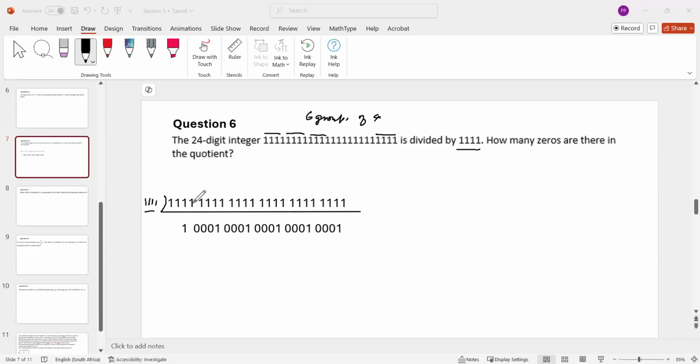So when I divide this by 1111, I'm actually writing down the answer here. Because 1111 goes into these 4 numbers one time. Right? But now when you come to the next one, you have to put a 0 under this, a 0 under this, because 1111 does not go into 1. It goes into it 0 times, and the remainder is 1. You can put 11 here. 1111 goes into 11 0 times again. The remainder is 111.